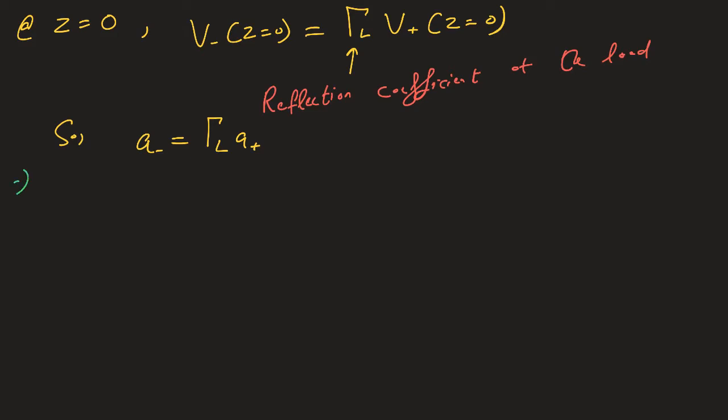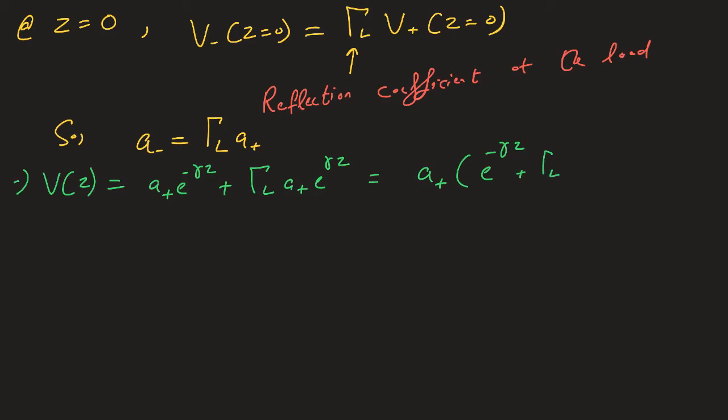So then v of z becomes equal to a plus e to the minus gamma z plus gamma L a plus e to the gamma z. So this becomes equal to a plus, whole into, e to the minus gamma z plus gamma L e to the gamma z.